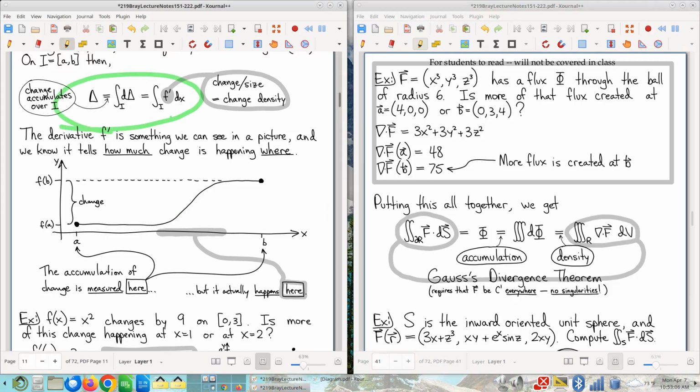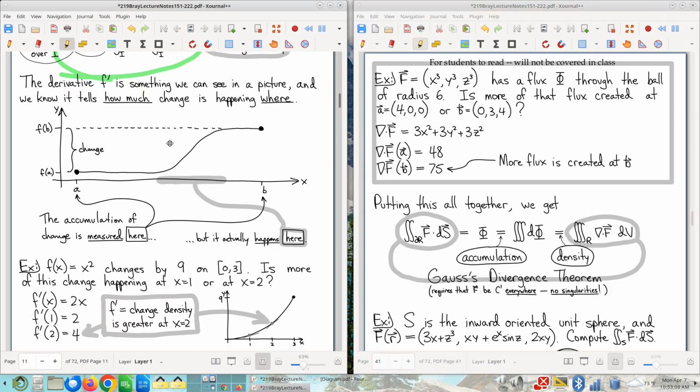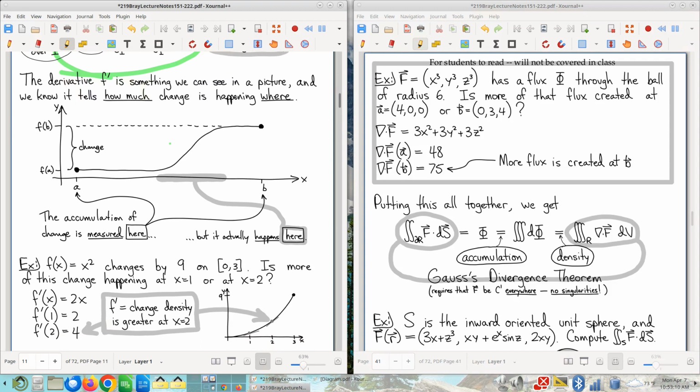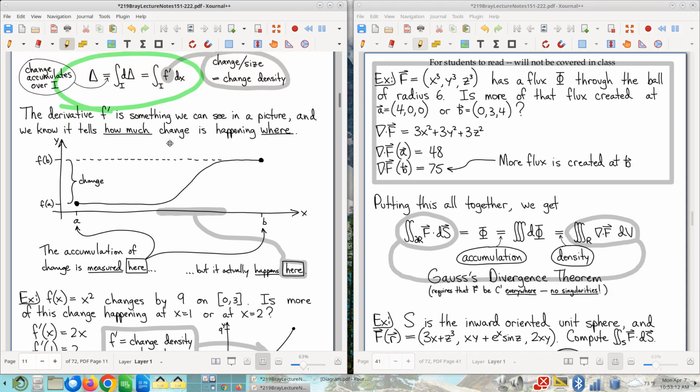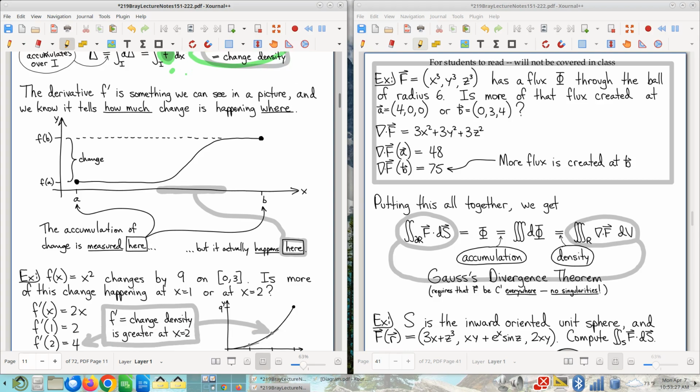when we were talking about the fundamental theorem of calculus, right? We made this interpretation of the derivative. Weird take, but we viewed it as being change density. It's telling you where change is happening, and I mean that pretty literally.